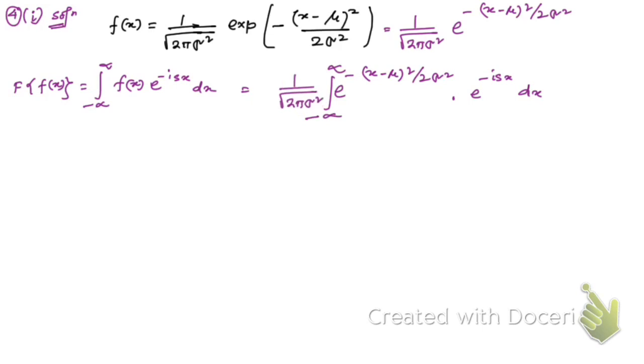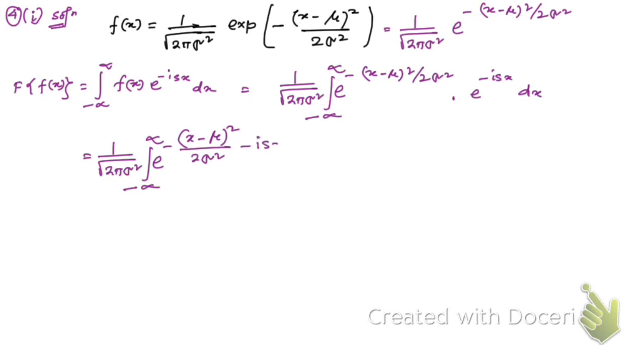So this part is written, and the product of this one and this one, if you multiply, gives the integration, where I forgot to write the constant part here. So we get e to the power minus (x minus mu) whole square by 2 sigma square minus isx dx.